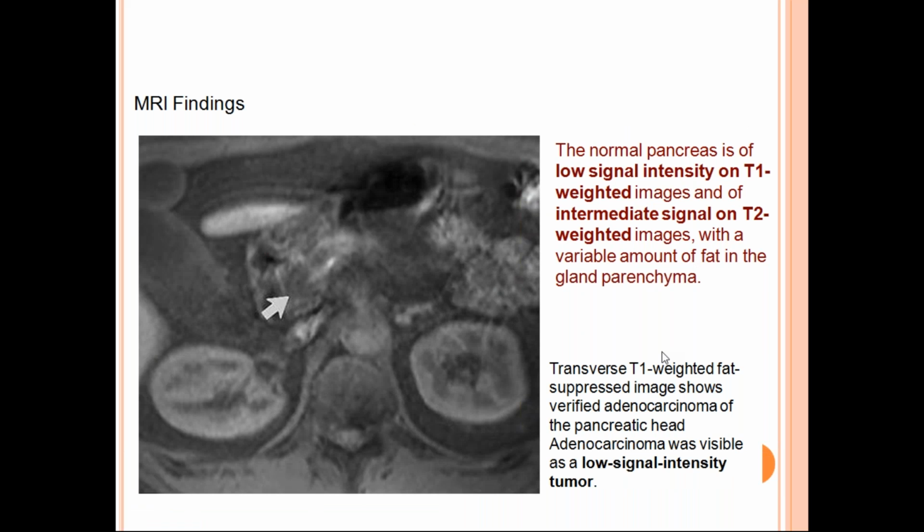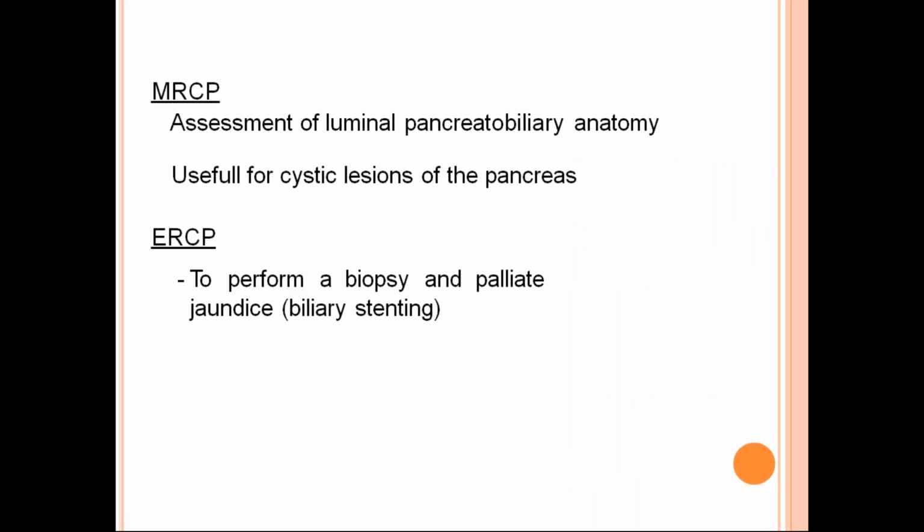The normal pancreas is of low signal intensity on T1 weighted images and of intermediate signal on T2 weighted images with a variable amount of fat in the gland parenchyma. So T1 weighted fat suppressed image shows verified adenocarcinoma of the pancreatic head. Okay, adenocarcinoma. Generally, we don't prefer MRI because it is best for staging.